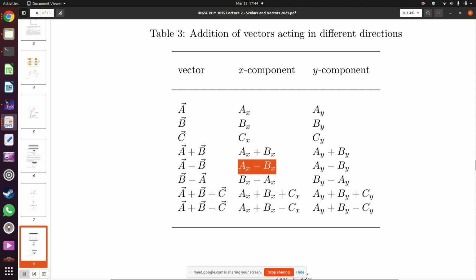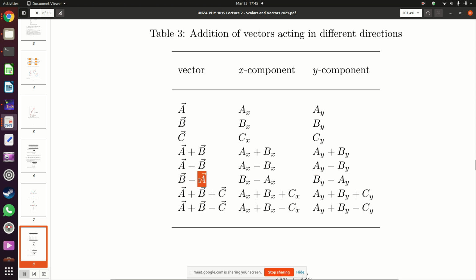This is going to give us how much a minus b is along the x-axis, and this one, ay minus by, is going to give us how much a minus b is along the y-axis. Is this clear? For a minus b, you subtract ax minus bx, that gives you how much a minus b is along the x-axis. Then for the y-axis, ay minus by.